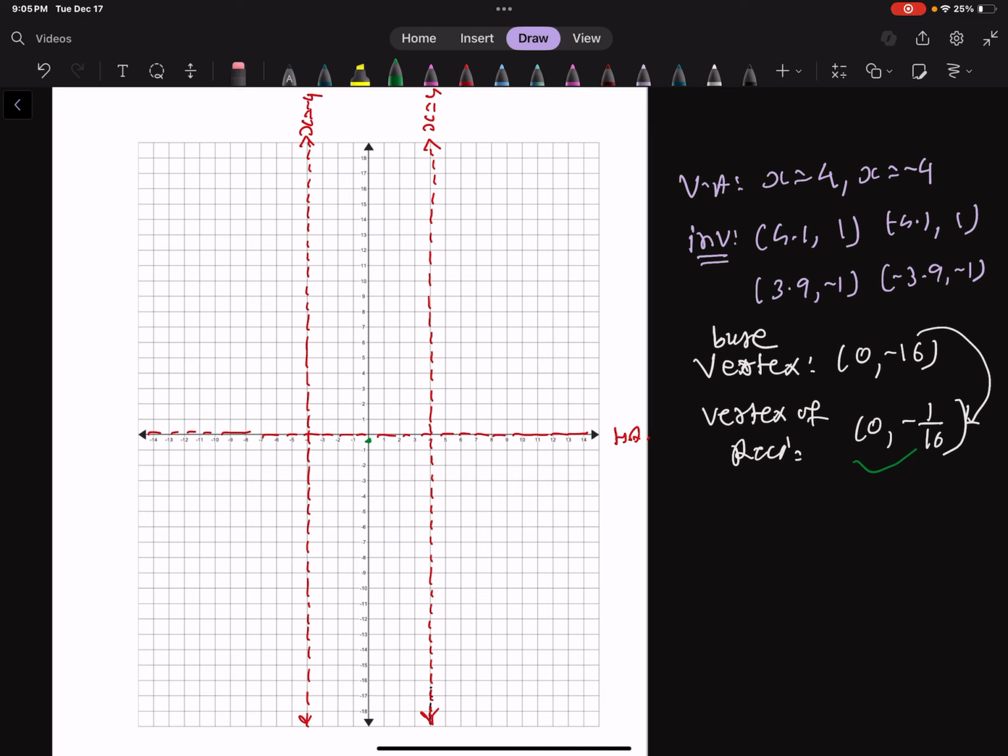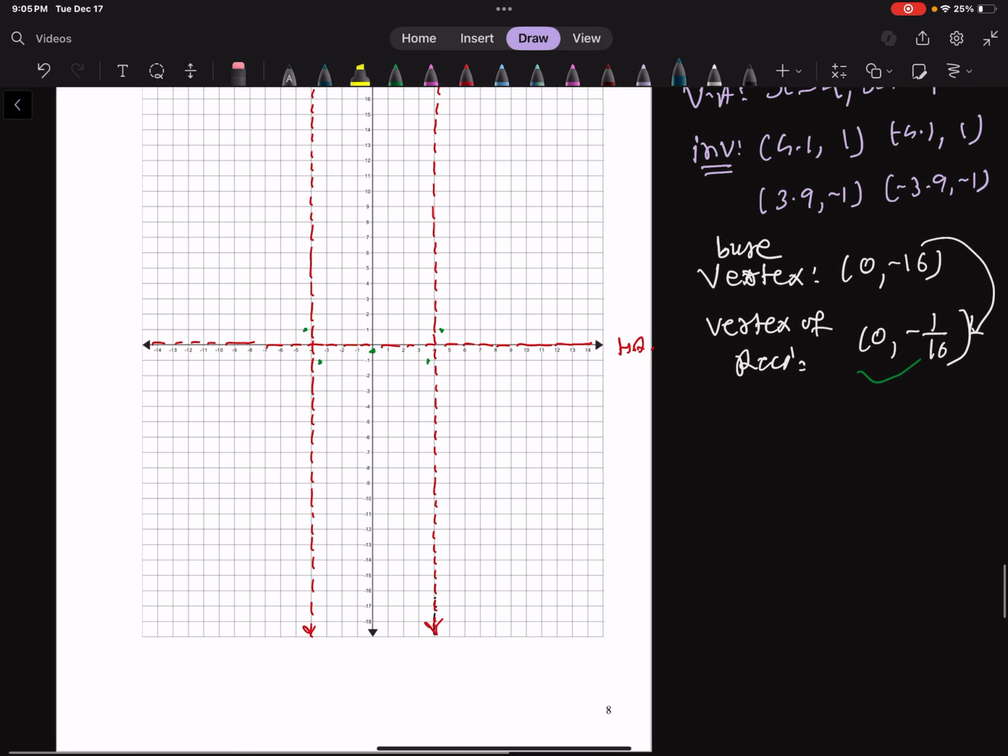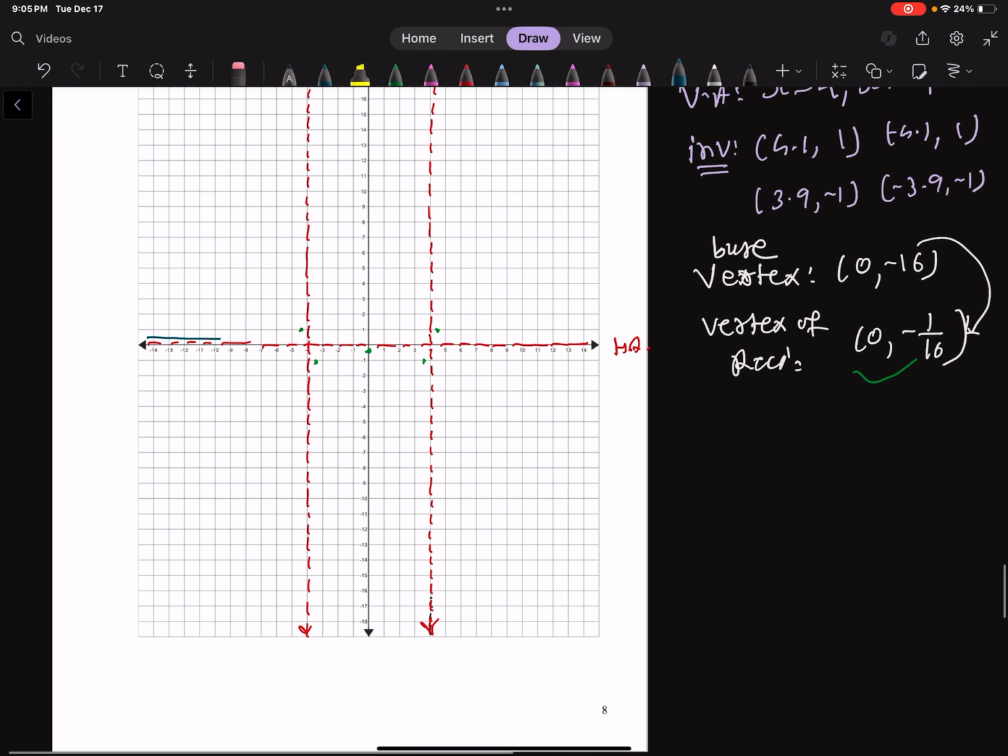4.1 and 1, it goes here. Negative 4.1 and 1, it goes here. 3.9 and negative 1, it should be here. And negative 3.9 and negative 1 should be here. So we understand where the graph goes. One part of the graph goes here.